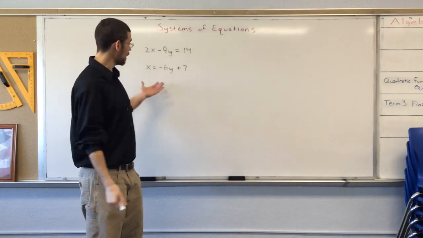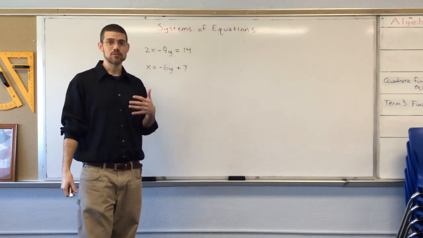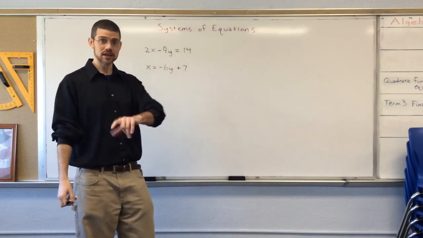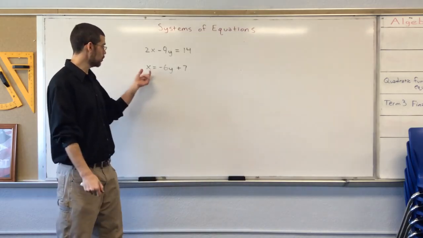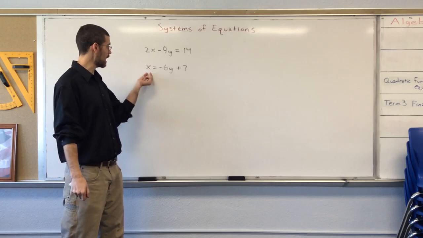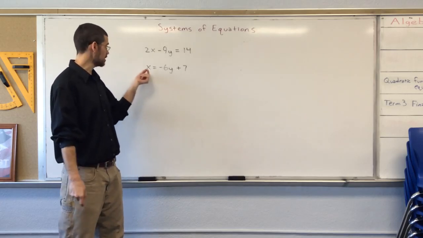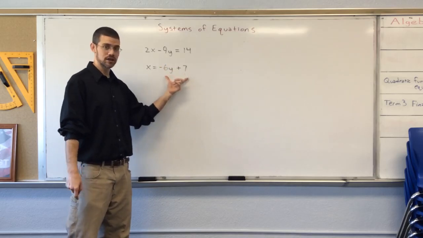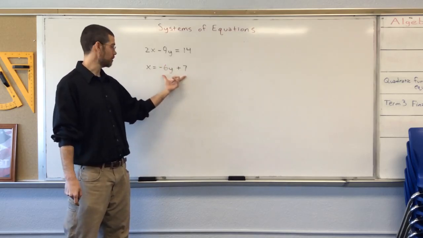Only in mathematics, sometimes we can go a step further. Besides pretending, we can say this is the other thing. In fact, that's what an equation means, right? This equation, for example, says x equals negative 6y plus 7. Well, that means x is equivalent. That is, it can be given by this alternate expression.